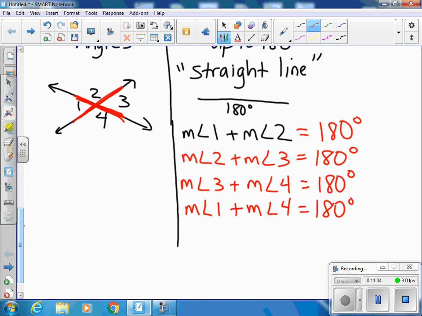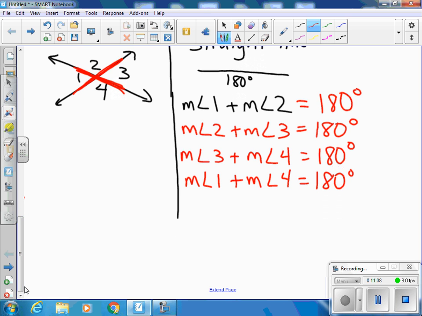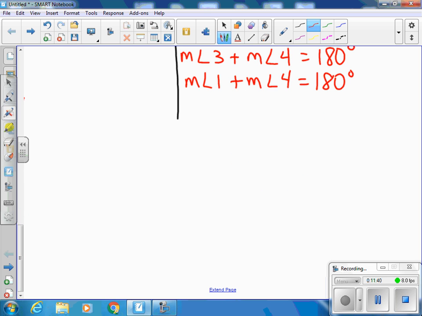So here's how this works mathematically. If I tell you that from our picture, the measure of angle 1 is 75 degrees, you want to be able to tell me what the measure of angle 2 is. Well, if you look in the picture, angles 1 and 2 are supplementary, which means they have to total 180.